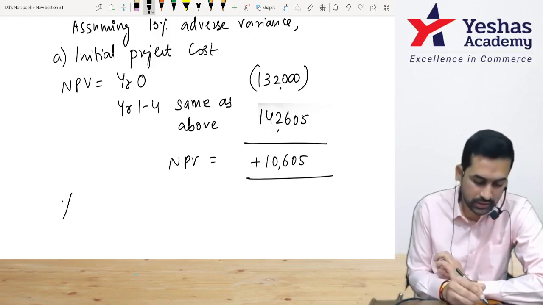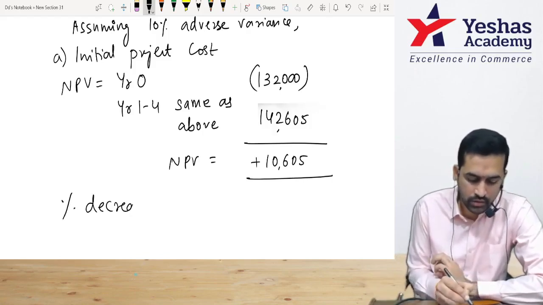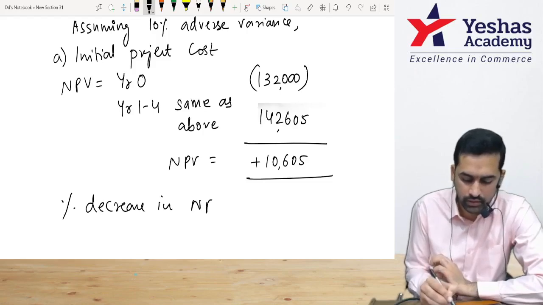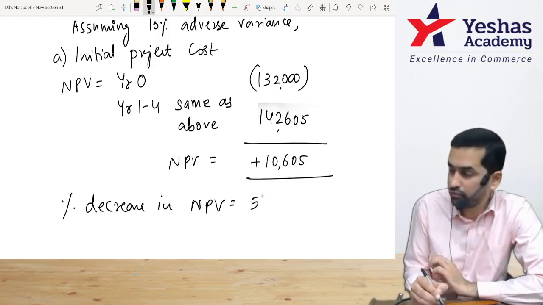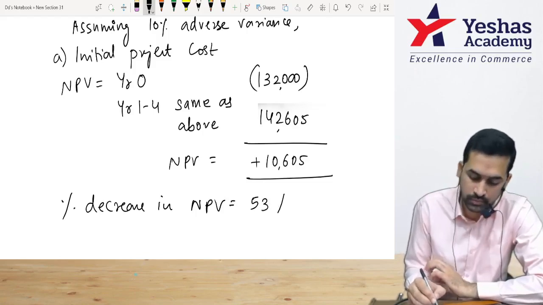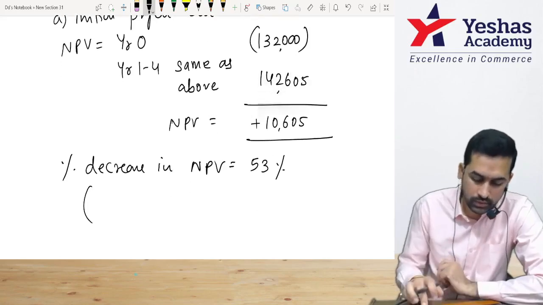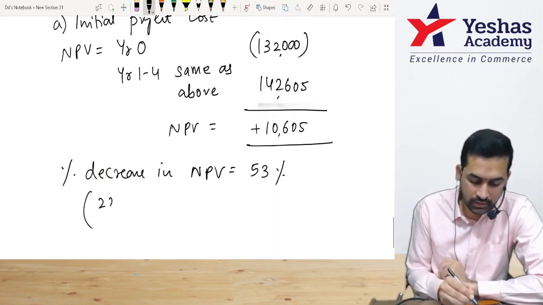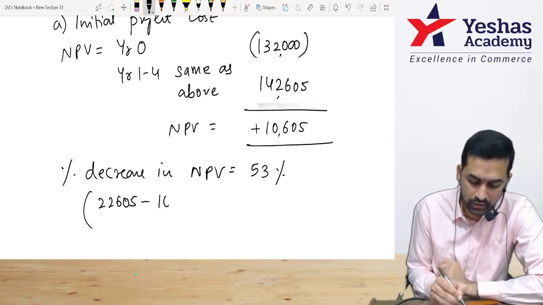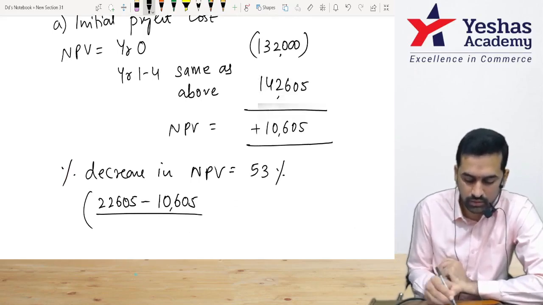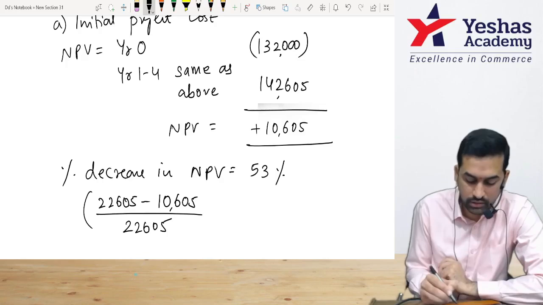Yeah, therefore percentage decrease in NPV is 53%. Remember, original number 22,605 minus new number by starting point.